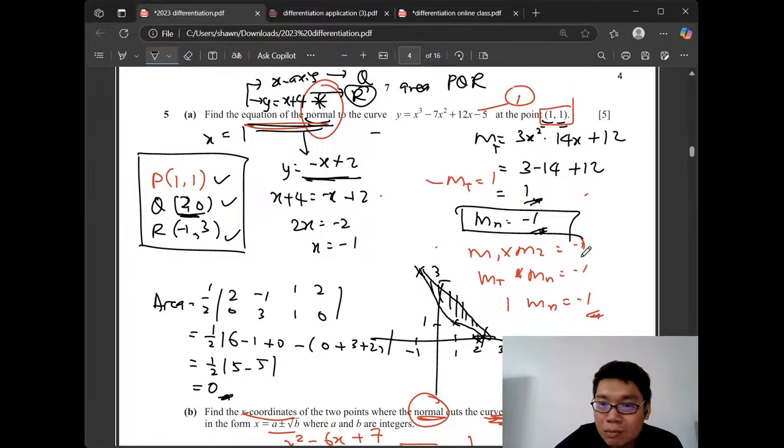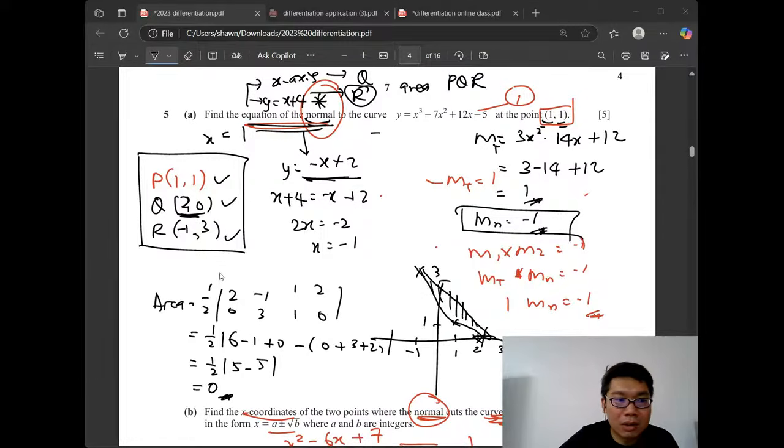Okay, there is one request from Tasville, that question that has area of triangle. Since he successfully found it, let's have a look.